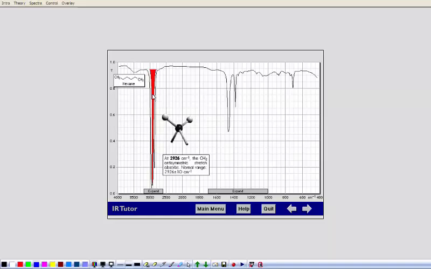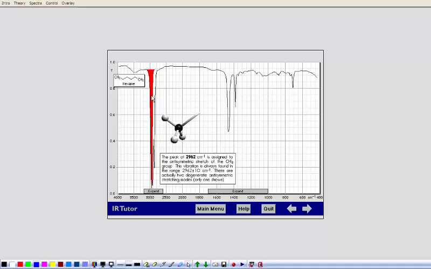Then there is a symmetric version of this, and that's an asymmetric stretch of the CH3 group. The key thing is that for an alkane, sp3 carbon-hydrogen bonds all show stretching just below 3,000 wave numbers.